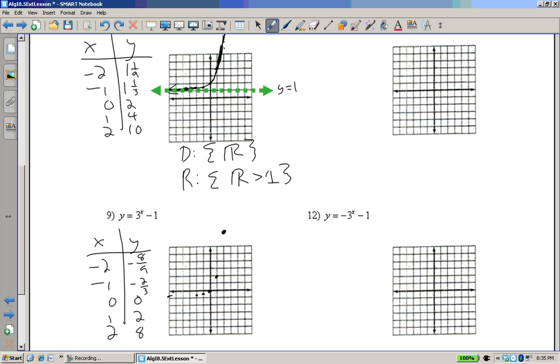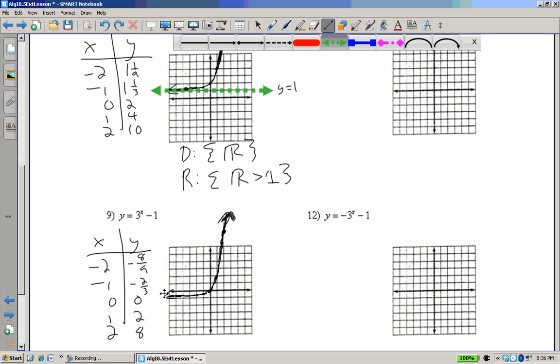And try to sketch this the best we can. Very weak graph here, but you get the idea. Again, the horizontal asymptote at y equals -1.